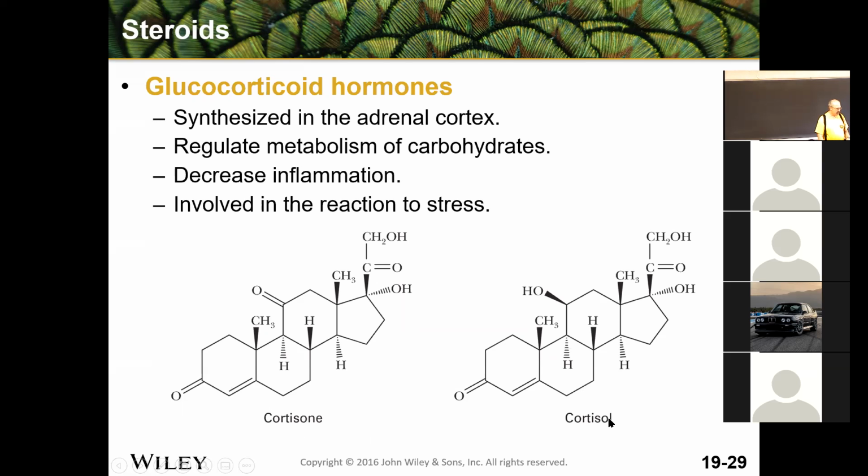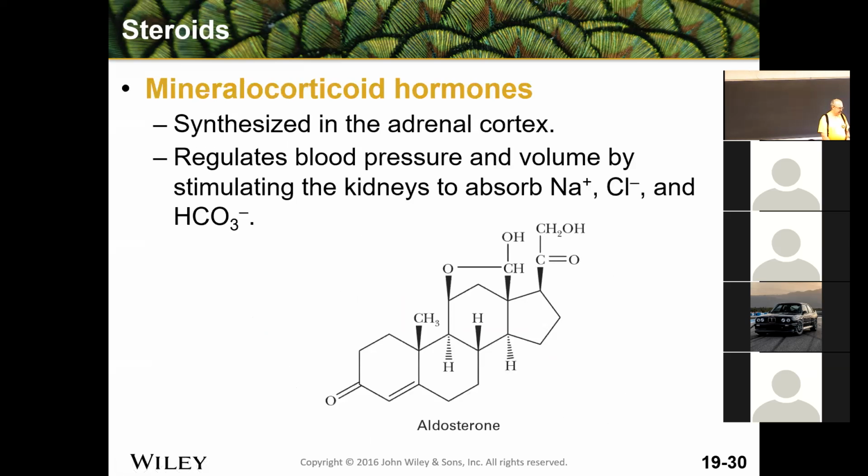This is cortisol. Okay, we have a ketone here and an alcohol here. And here's one that helps regulate blood pressure and volume by stimulating the kidneys to absorb sodium chloride and bicarbonate.